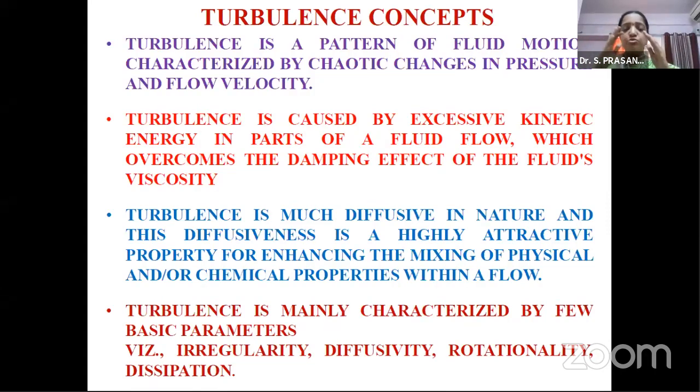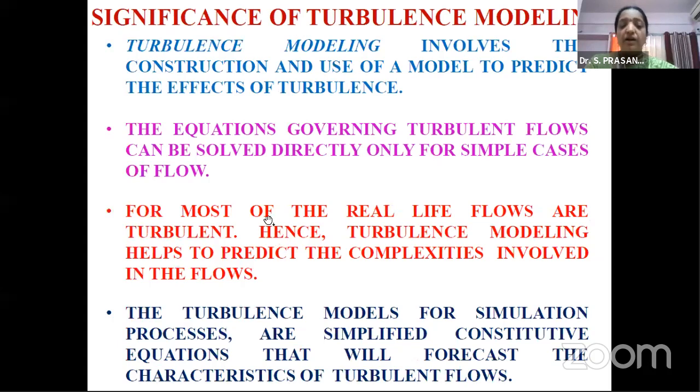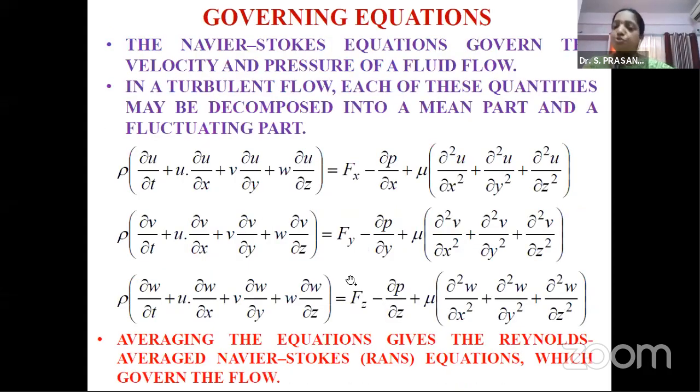In order to solve this sort of turbulence, we have very good governing equations: the Navier-Stokes equations are adopted, where all your pressure and velocity values are in terms of mean and fluctuating components.